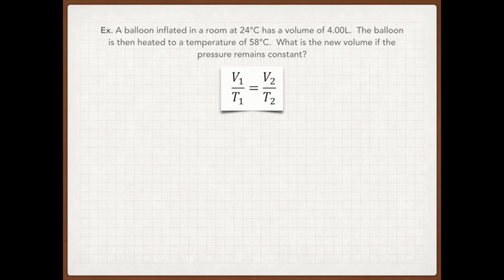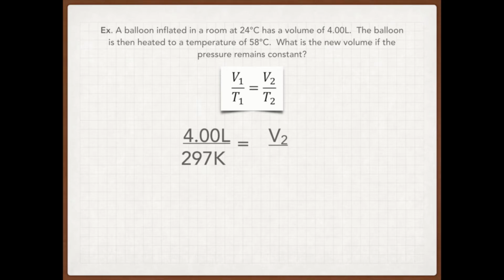So to convert from Celsius to Kelvin, I need to take my Celsius temperature and add 273 to that. Okay, so I'm going to put 4.00 liters on top, 24, which is my T1, plus 273 gives me 297. That equals my V2, which is, I don't know, so I'm going to put V2 right there, over T2.